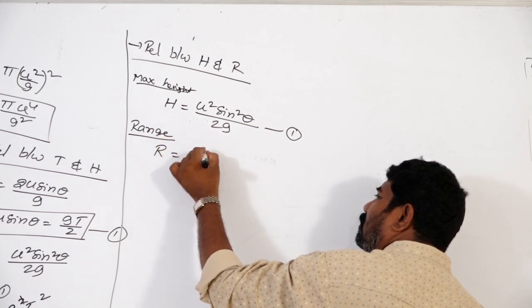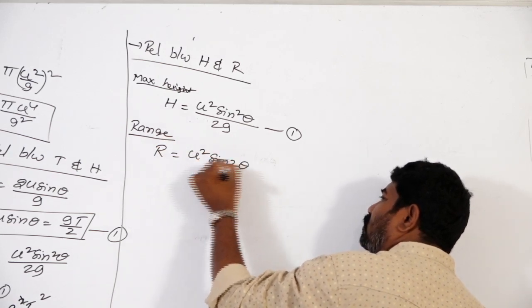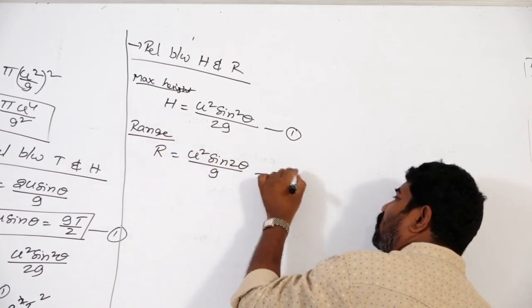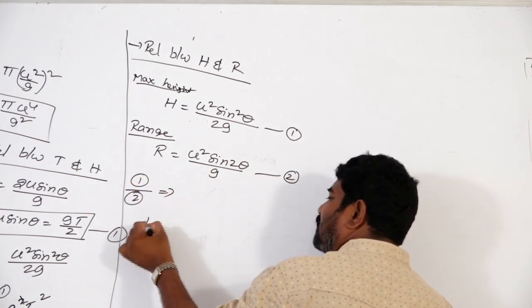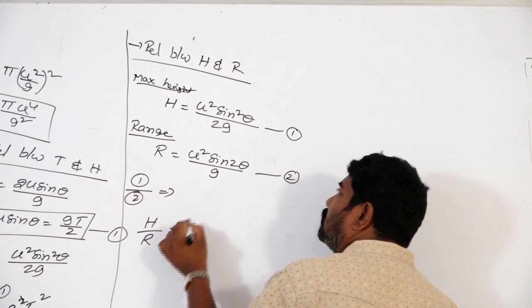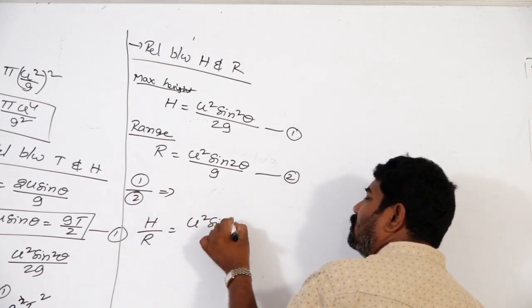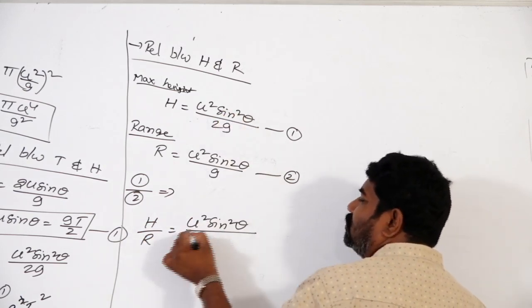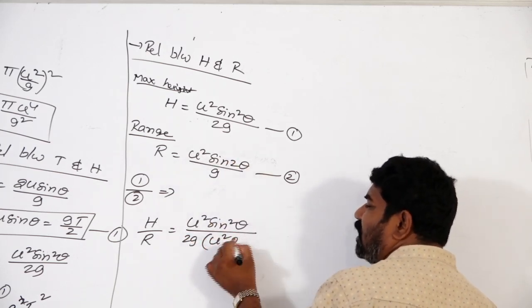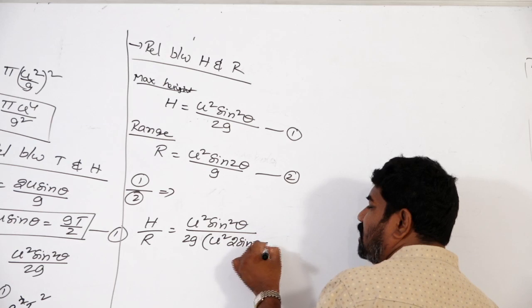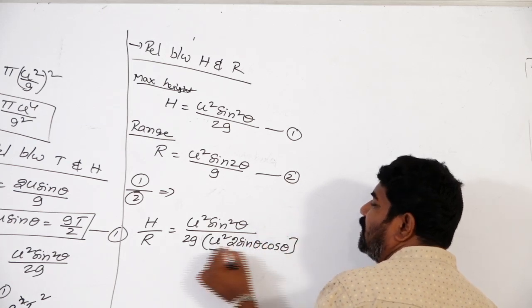R = u² sin 2θ by g. Equation number 2. Dividing 1 by 2 gives H by R = u² sin² θ by 2g divided by u² sin 2θ by g, where sin 2θ is 2 sin θ cos θ.